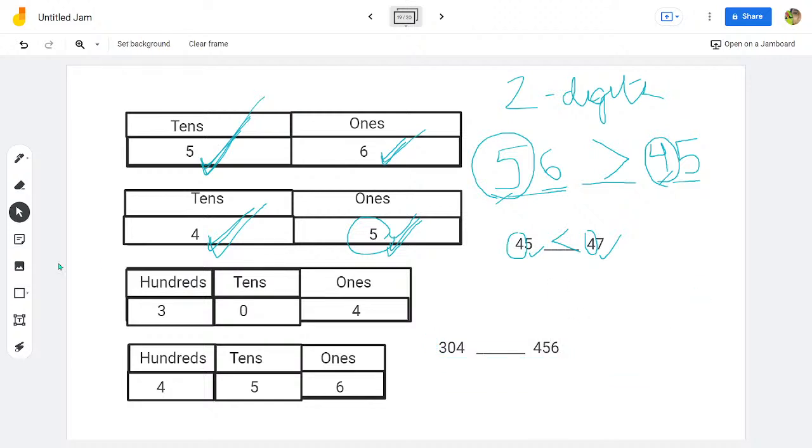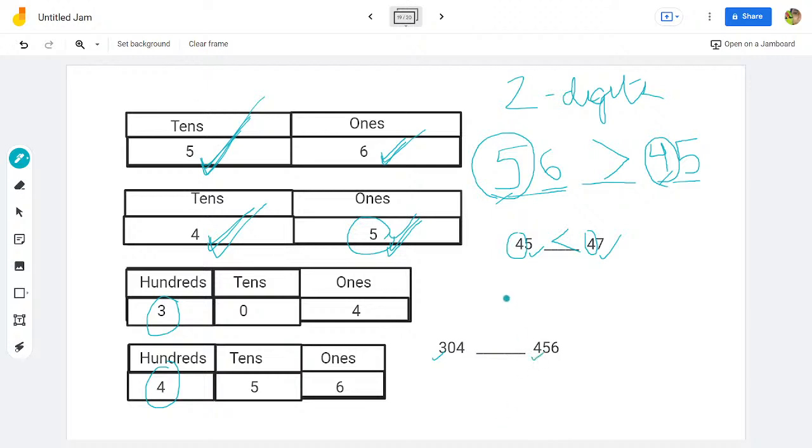So we would do again the same thing. This time we would be looking at the hundreds column. हम सिर्फ hundreds column को देखेंगे. In case of a 3-digit number, we always look at the hundreds column. Now in both the numbers, the hundreds column, in one number it's 3, in the other number it's 4.